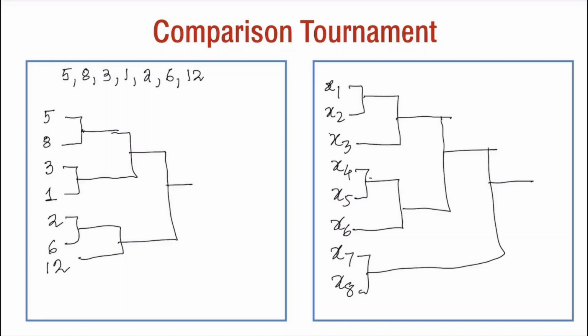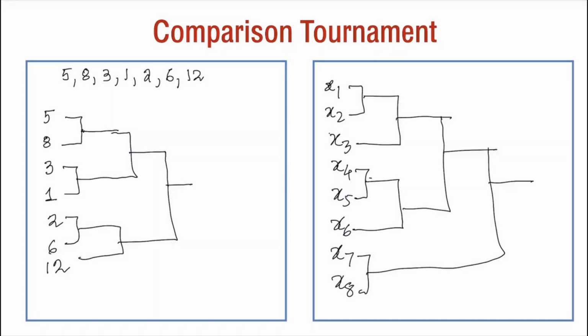So we define a knockout tournament, and each point of the knockout tournament is a comparison. The complexity is determined by the number of matches played in the tournament, which are these intermediate nodes.